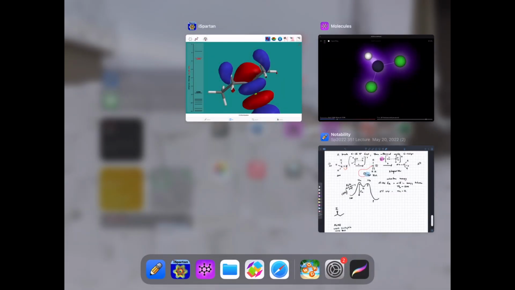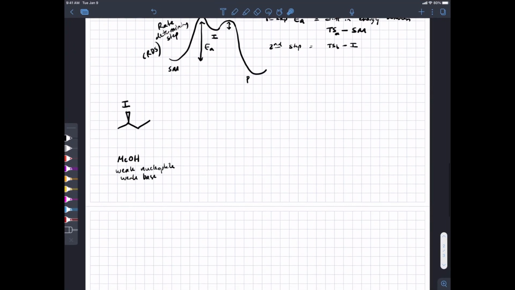One way we can represent that would be to think of the bond as a spring, and iodide is going back and forth, boingy, boingy, the whole time.